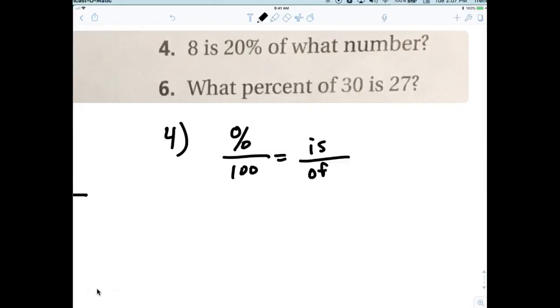So where does 8 go? That's exactly right. It doesn't go with the percent, does it? It goes where the is. So we're going to erase the is, and I'm going to put what? 8. That's correct. Very good.